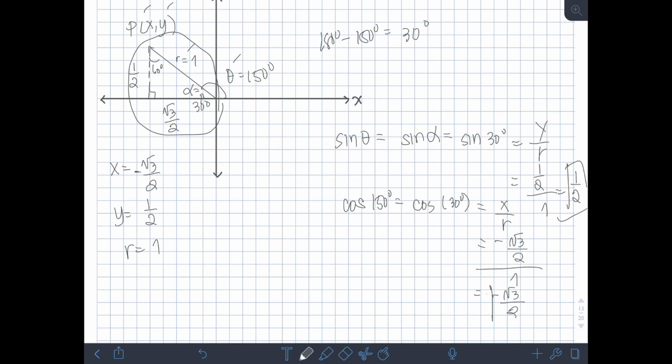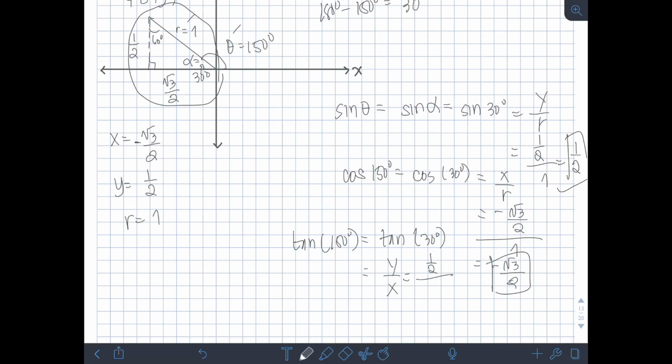Okay? Tapos yung tan theta natin, or sulat ko na rin, tan 150 degree is equal to tan ng reference angle natin na alpha, which is tan 30 degree, equal siya sa y over x. So, y natin is 1/2 over yung x natin is negative square root of 3 over 2.